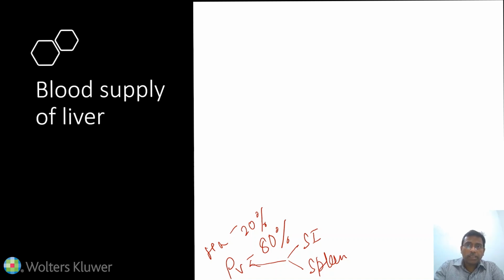And as I explained earlier in the classical lobule, these vessels accompany the connective tissue, and in the classical lobule they are present at the 6 angles of the hexagonal unit.